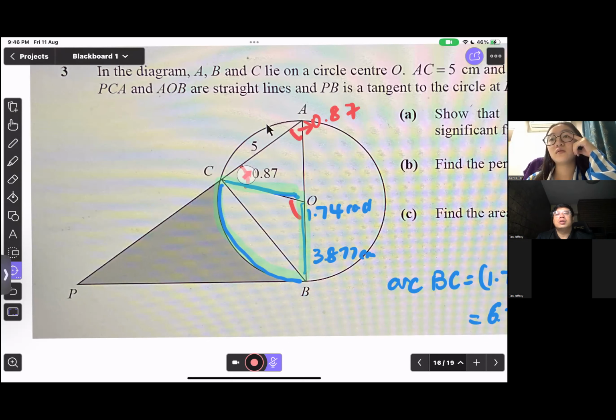Then you take the area of the triangle minus the area of this triangle. Half, then minus area of sector. Correct. Okay, I get it. That is correct.